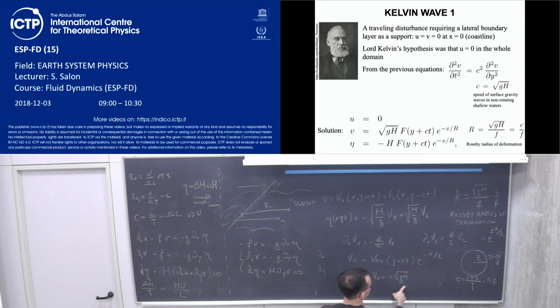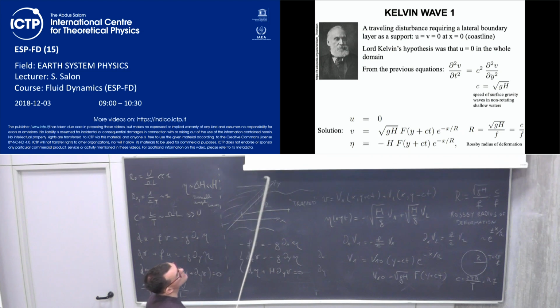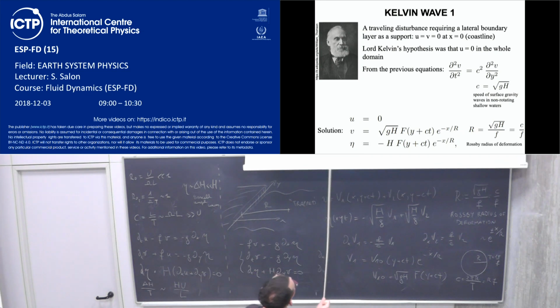a scale of the velocity c multiplied by a certain function, capital F, which only depends on the y plus ct term. And what we obtain is this solution here, okay?